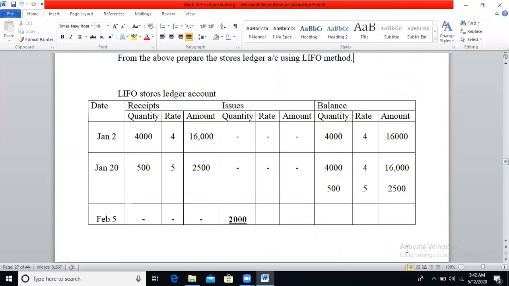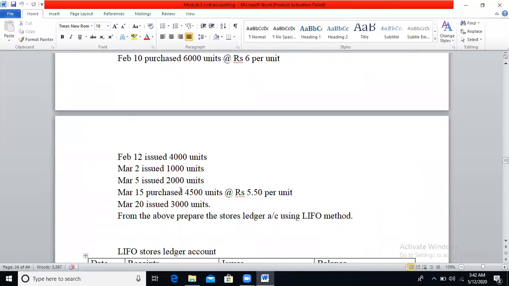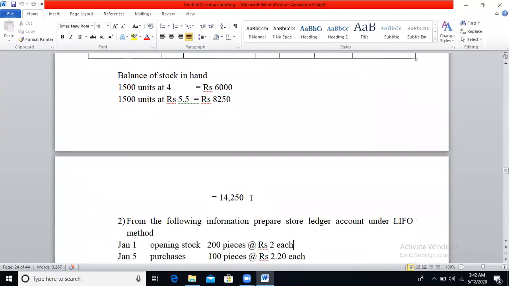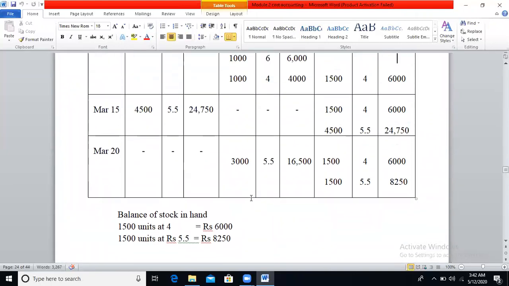The next transaction is March 15th, we are purchasing 4,500 units at the rate of 5.50. So on March 15th, we are making the purchase. The quantity purchased will be 4,500. The rate will be 5.5.